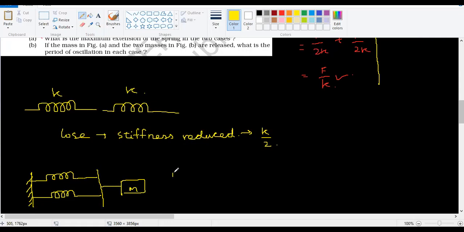So that means more stiffness. So if this was K and this was K, the total will become 2K. Why? Because the simple formula is K1 plus K2 will be your K effective. So it means K plus K will become 2K.